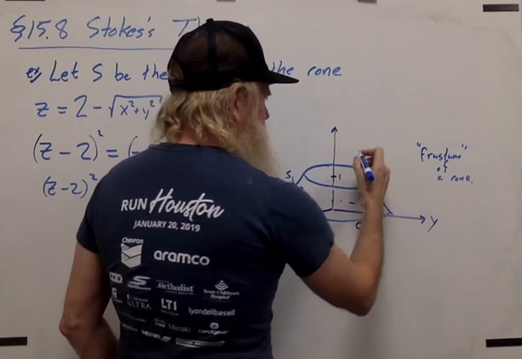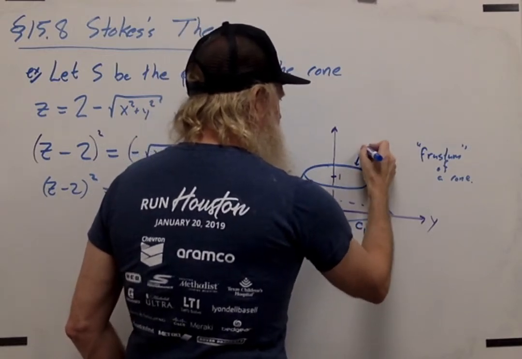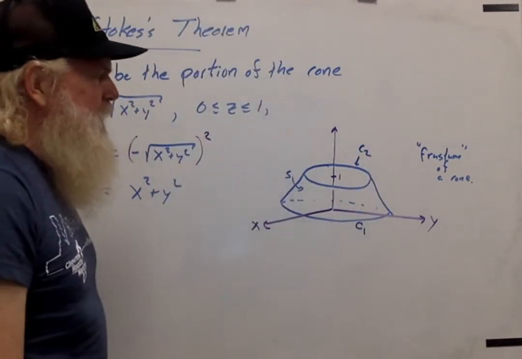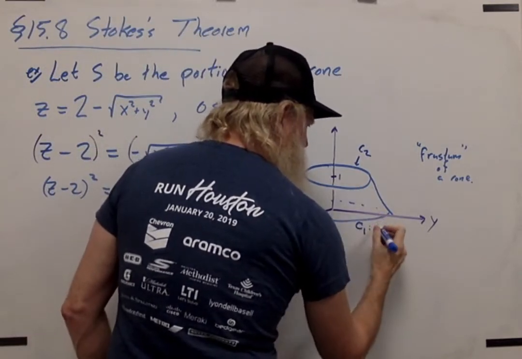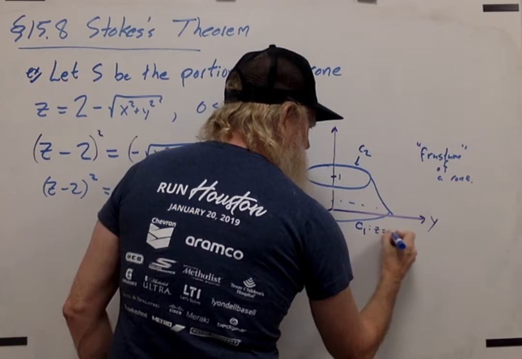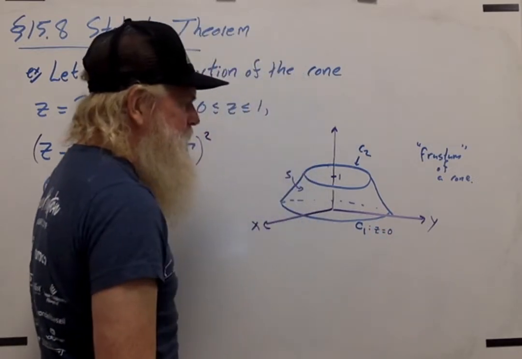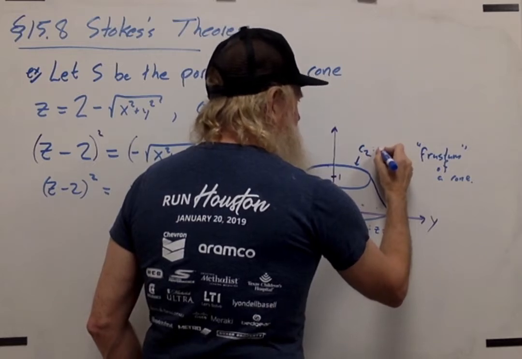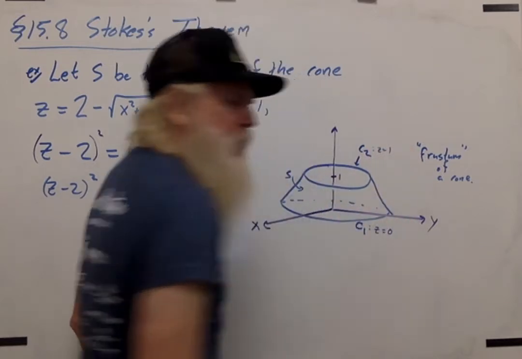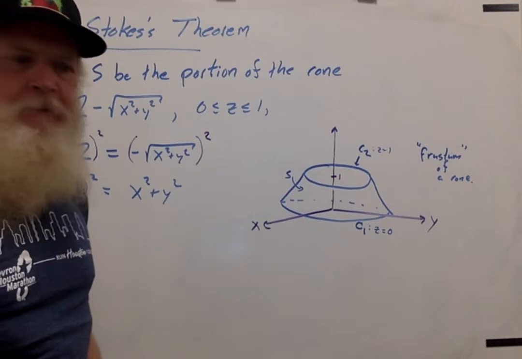And up here, let's call this curve C2. So C1 is going to be the intersection of the cone with the plane z equals 0, and C2 is going to be the intersection of the cone with the plane z equals 1.